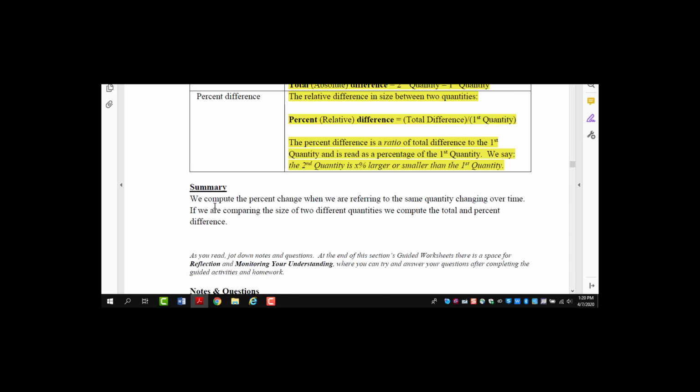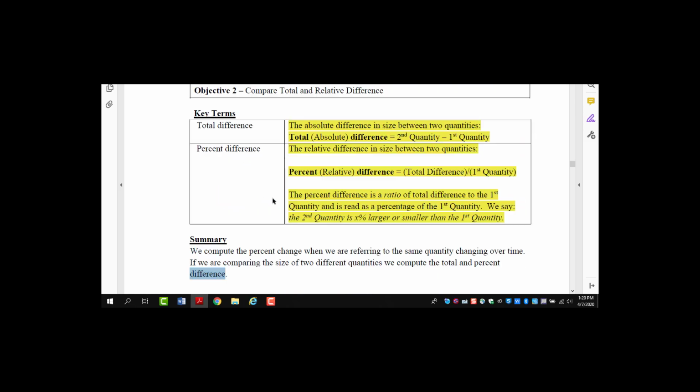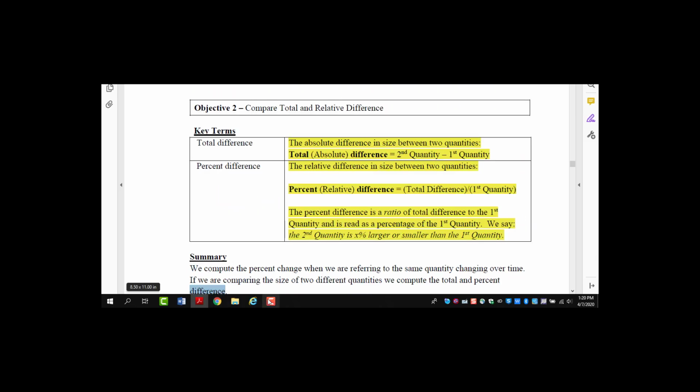So here's just how this explains it. We compute the percent change when we're referring to the same quantity changing over time. If we're comparing the size of two different quantities, we compute the total and percent difference. So that's what we're going to do now.